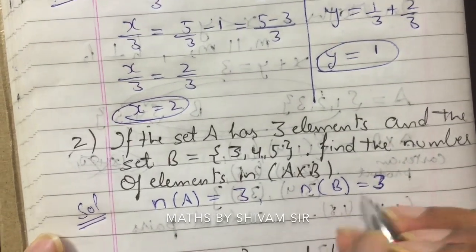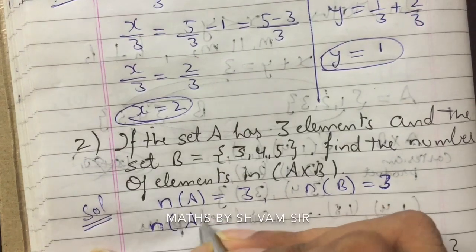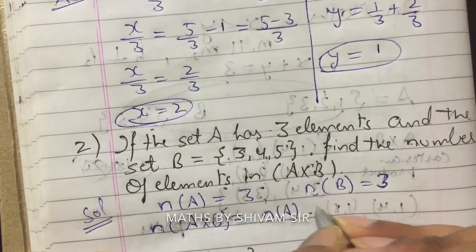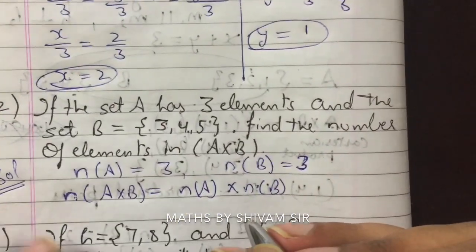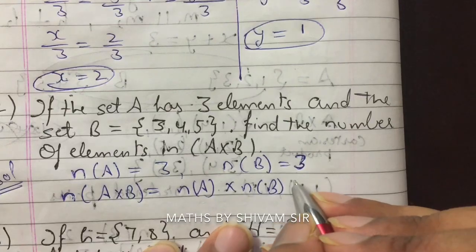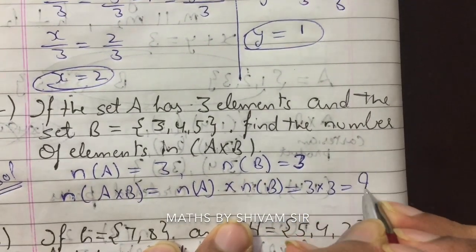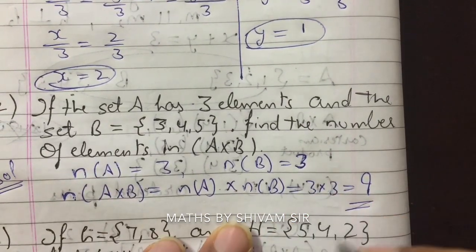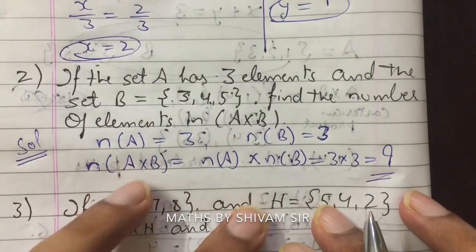So the number of elements in A cross B will be the number of elements in A cross the number of elements in B, which will be 3 cross 3, so this will be 9. So 9 is our answer. The number of elements in A cross B is 9. Simple. Use this formula; we have already discussed it.